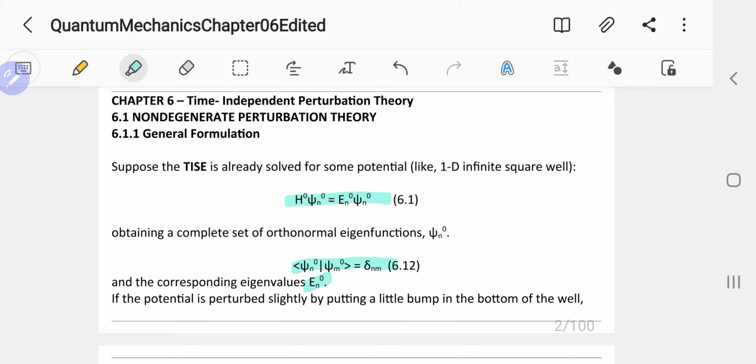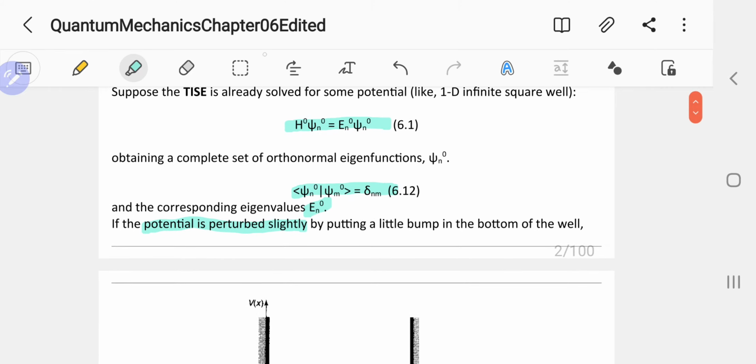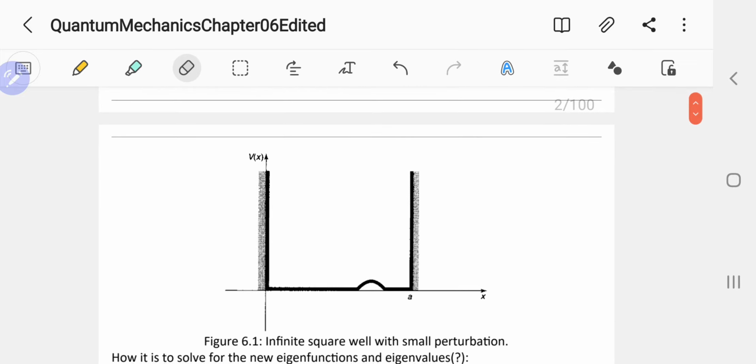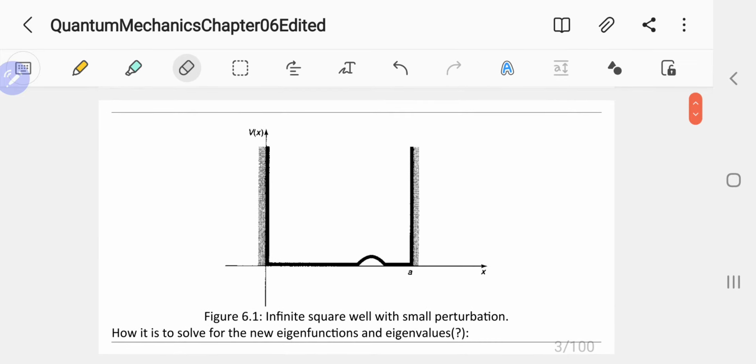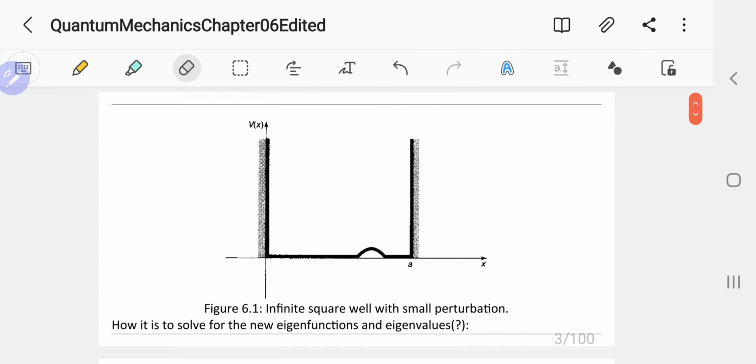Now, if the potential is disturbed or perturbed slightly by putting a little lump on the bottom of the well, what will happen to the energy? So this is now your infinite square well. It has a lump at the bottom, this one here.